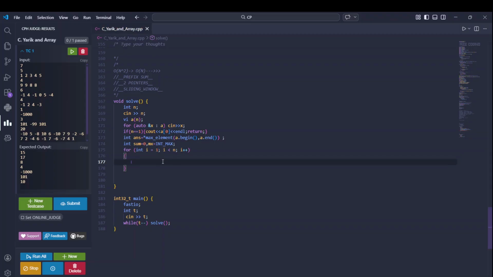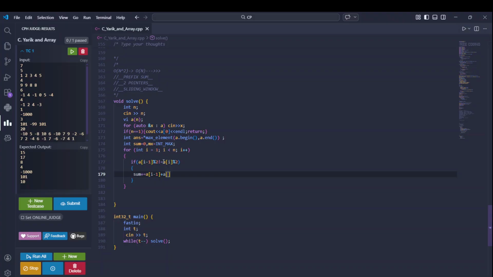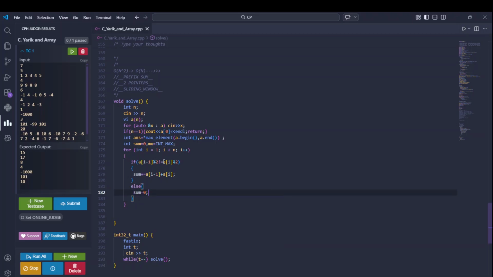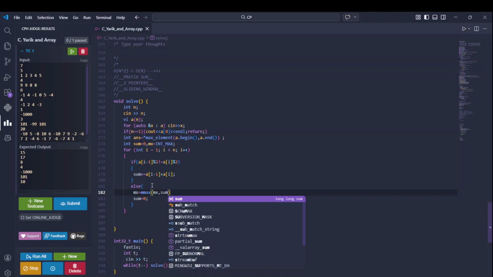I'm saying if the parity of the previous element is not equal to the parity of the current element, if this thing holds, then just sum plus equals to a of i minus 1 plus a of i, and else make sum as 0. Before doing that, mx equals to maximum of mx, sum.